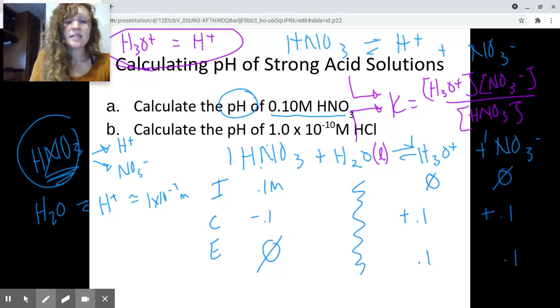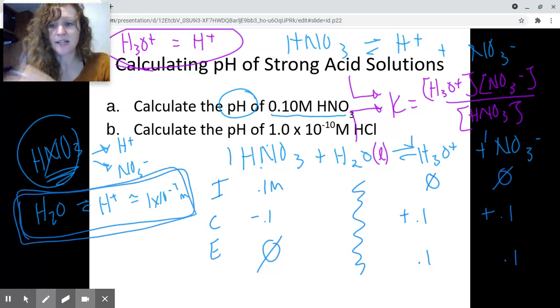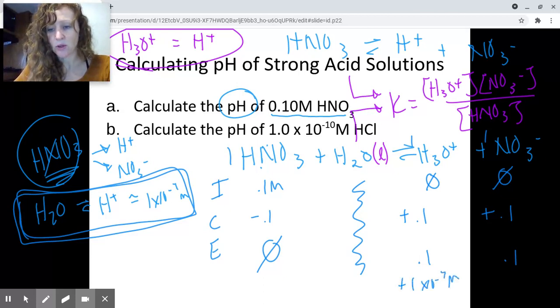Okay, now, does this add a significant amount of H plus? Well, let's see. Let's say that the water also dissociates all by itself. It self-ionizes, and it adds 1 times 10 to the negative 7th molar.